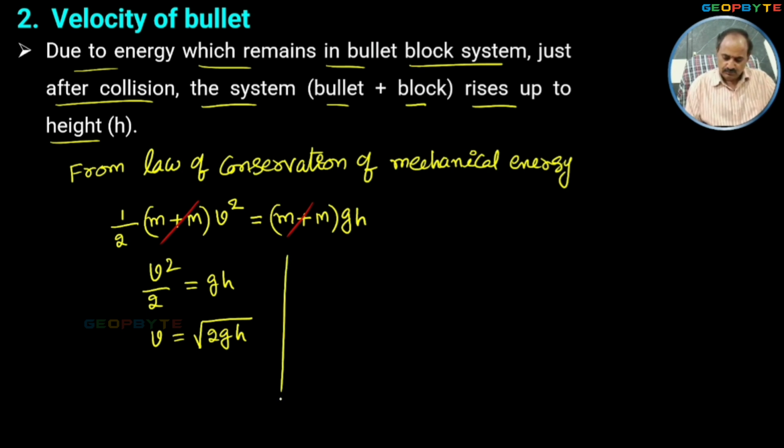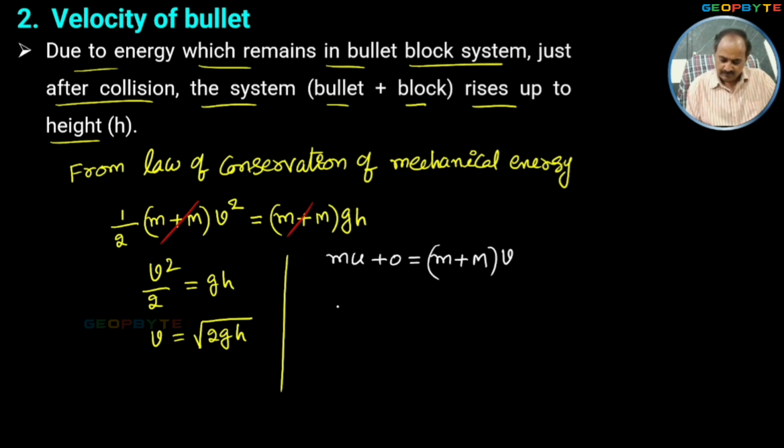But as you know, the velocity of the system is mu by small m plus capital M. How did you decide the velocity of the system? By the law of conservation of momentum: mu plus 0 is equal to small m plus capital M into v.